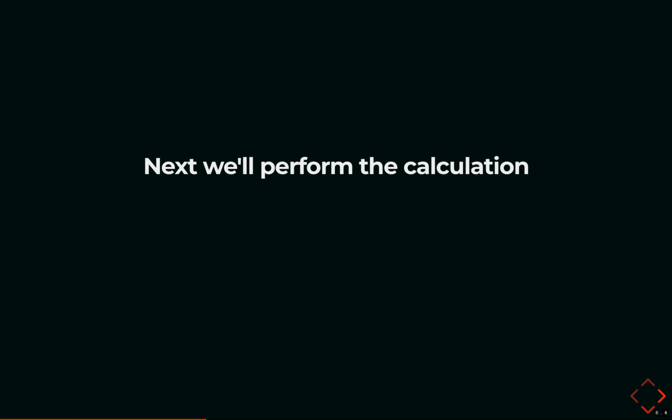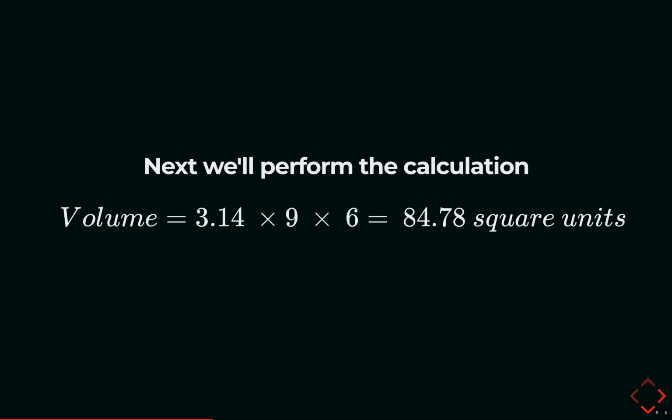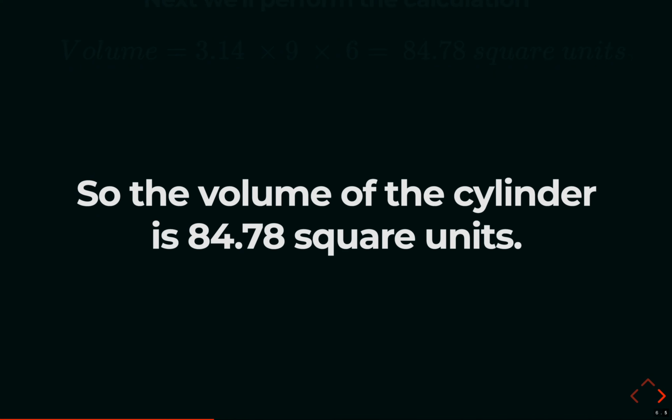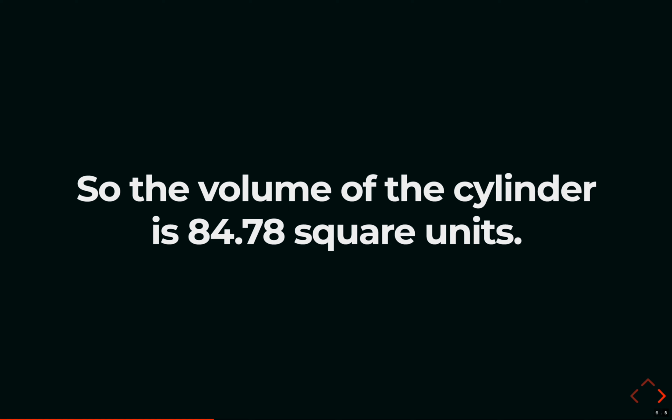Now, we'll perform the calculation. We know that pi equals 3.14, times 9 times 6 equals 84.78 square units. So the volume of the cylinder is 84.78 square units.